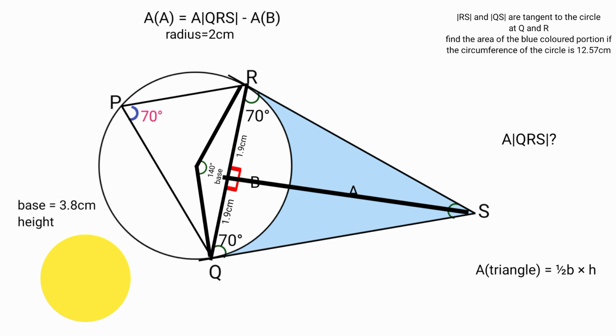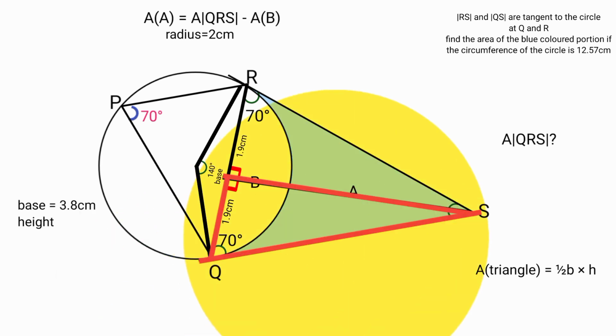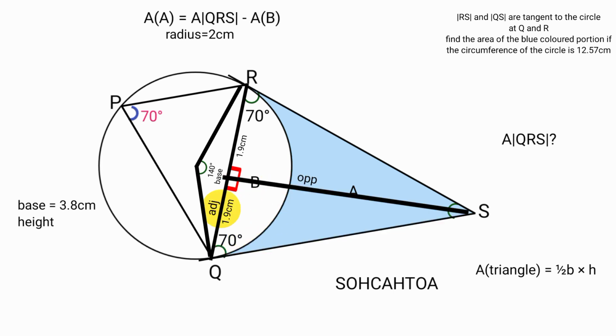Now what is the height? Since this here is a right angle triangle and we have the length of this side here and the size of this angle here, you can use SOHCAHTOA to find the length of this side here. So from this angle here, this is the opposite and this is the adjacent. And here, then tan theta equal to opposite over adjacent.